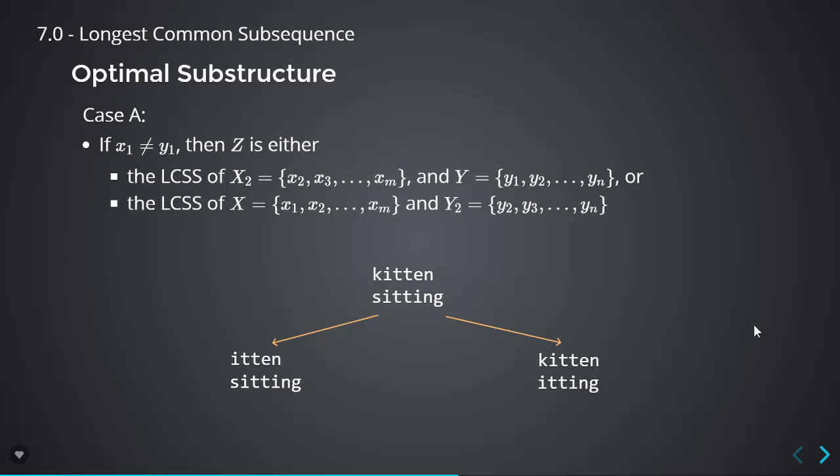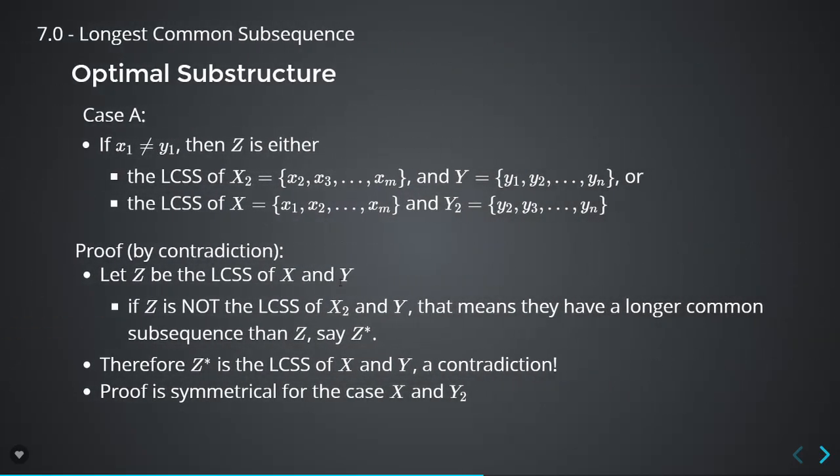The argument is always the same. It's always by contradiction. So if somehow Z is not the longest common subsequence of x2 and y, or of y and x2, this is symmetrical, that means there is a longer common subsequence than Z. So Z is not the longest at this point.